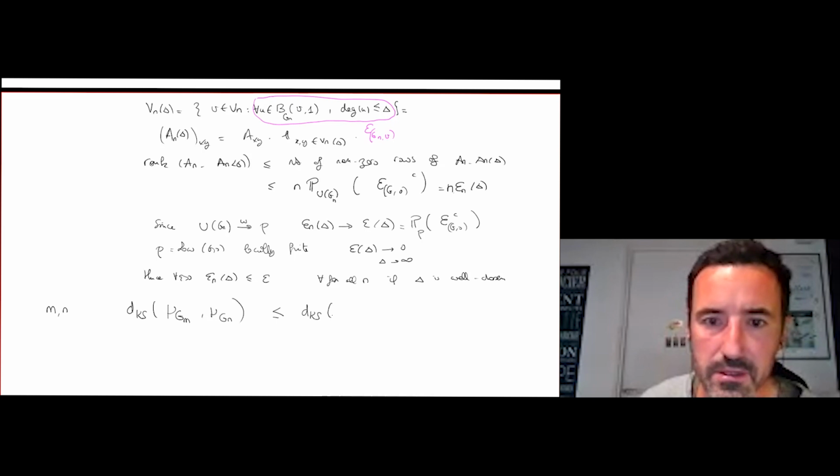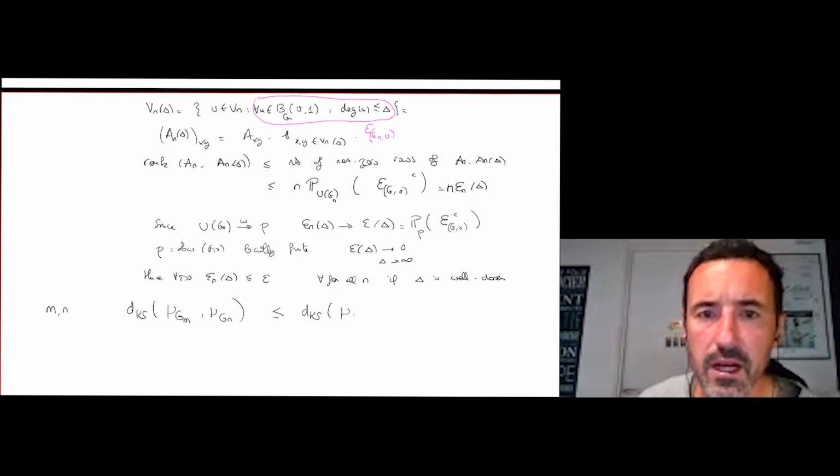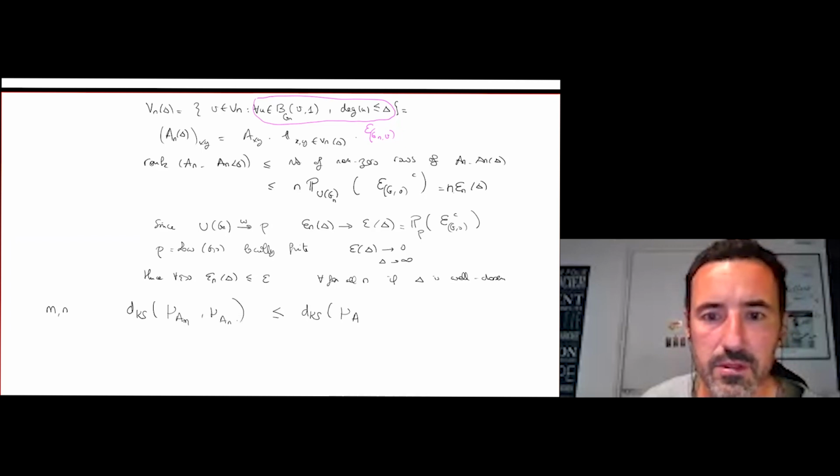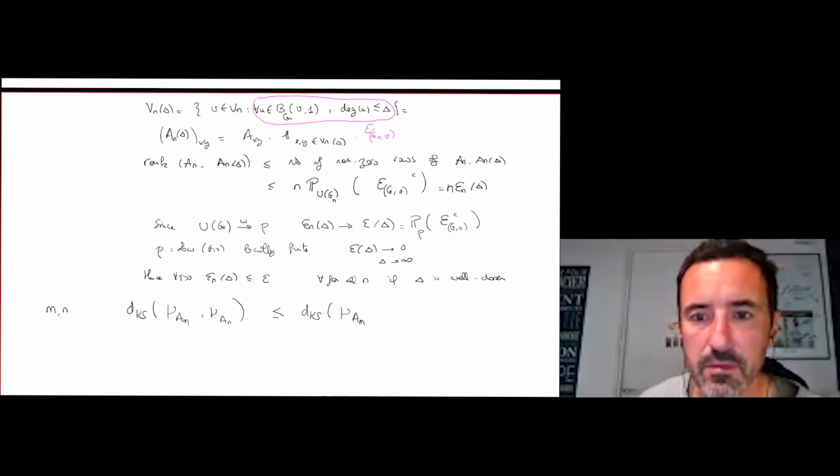The Kolmogorov is a distance, so it's less than... I just have too much notation denoting the same object.